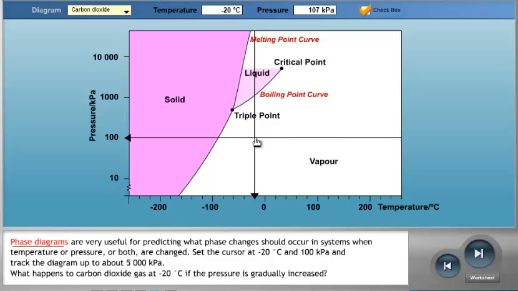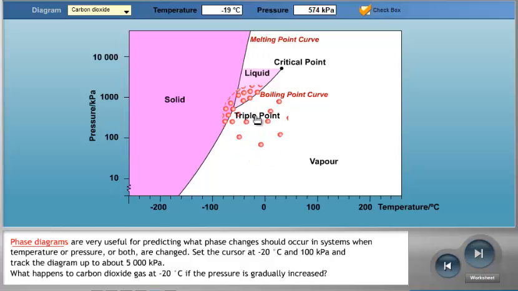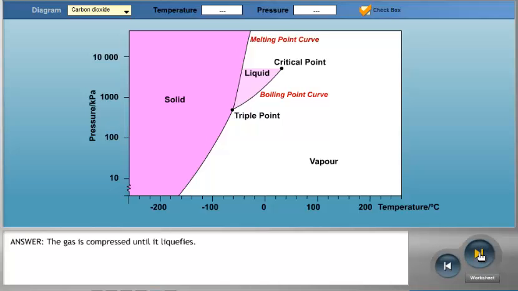What happens to carbon dioxide gas at minus 20 degrees if the pressure is gradually increased? Answer: the gas is compressed until it liquefies.